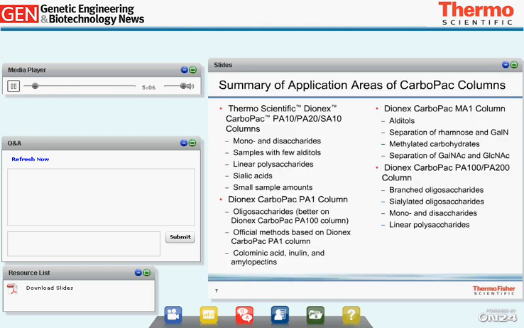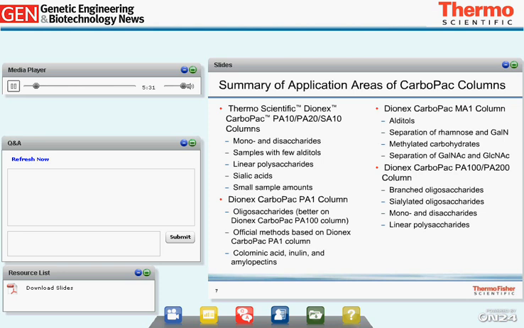Allow me to summarize the scope of applications of the Carbopac family of columns and the analyte classes that have been optimized for. To sum it up, a Carbopac column exhibits pellicular design, fast mass transport, fast diffusion, high efficiency and resolving power. Fast re-equilibration after gradient runs, 10 minutes or less.